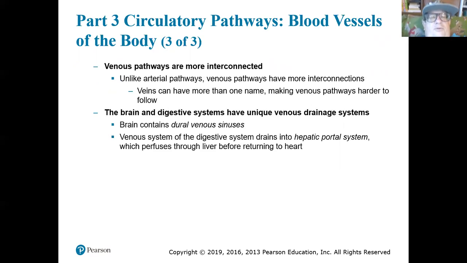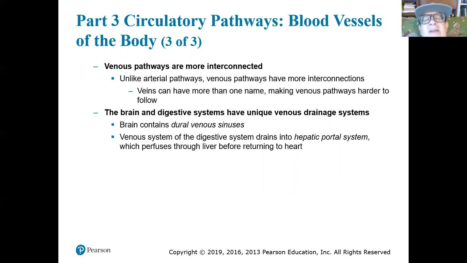Anyway, moving on. Veins have more anastomoses. That's because they're lower pressure and it's easier to hook them together without leakages during development. It says veins can have more than one name. Think of them as like a highway, making venous pathways harder to follow.